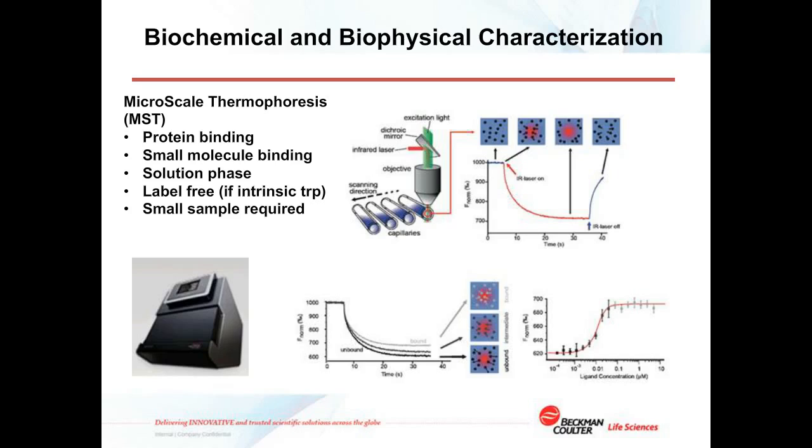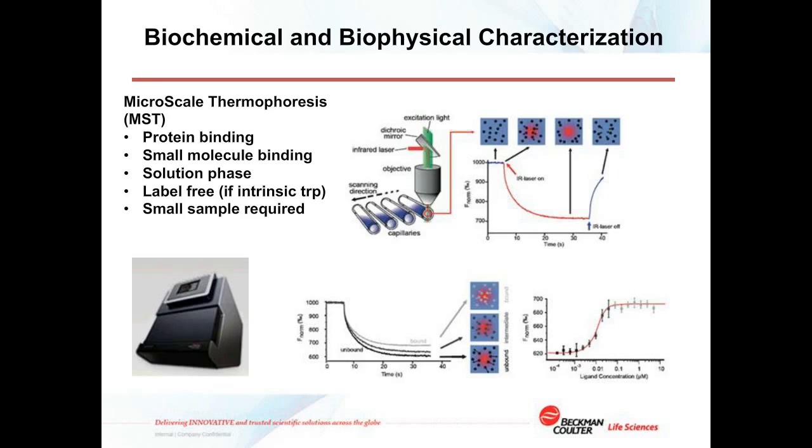But in any event, with this method, a laser is used to create a temperature gradient, and depending upon the binding state of your protein, the larger it is, the slower it will migrate along the temperature gradient.